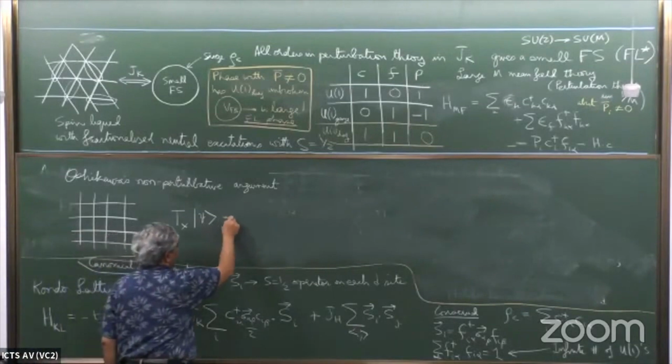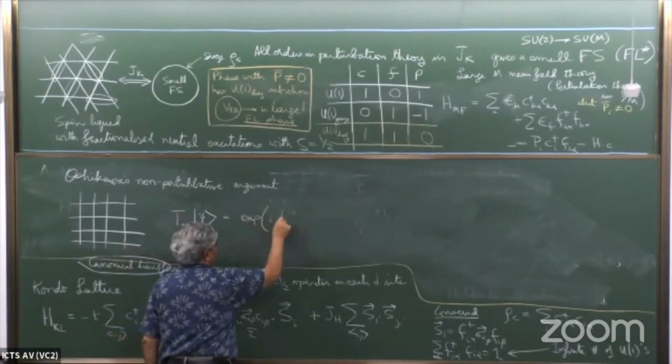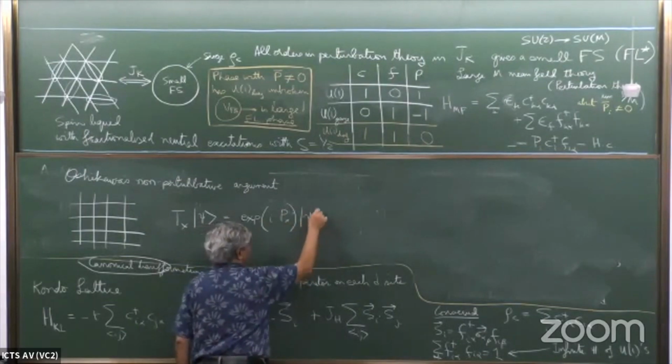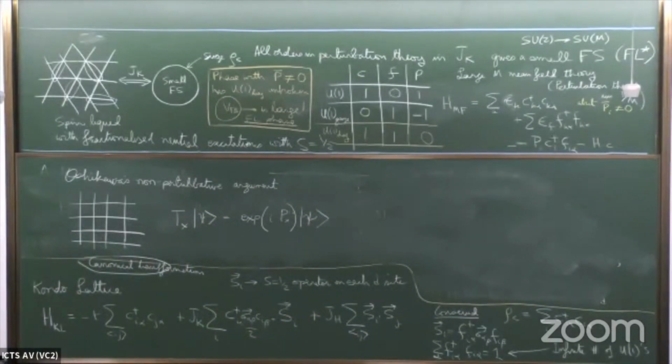And so this must be some phase, which we'll call e to the iPx, times psi. So each state has an eigenvalue of translation, for the full many-body state, and we call the eigenvalue e to the iPx.